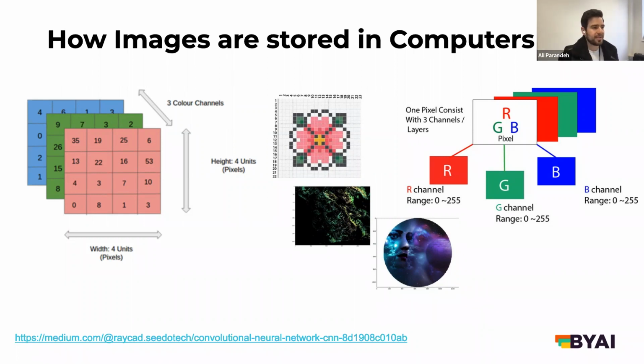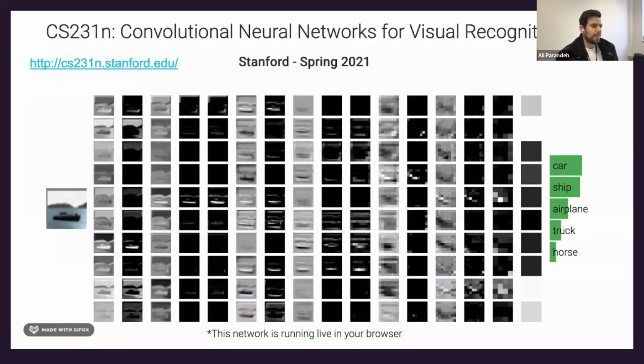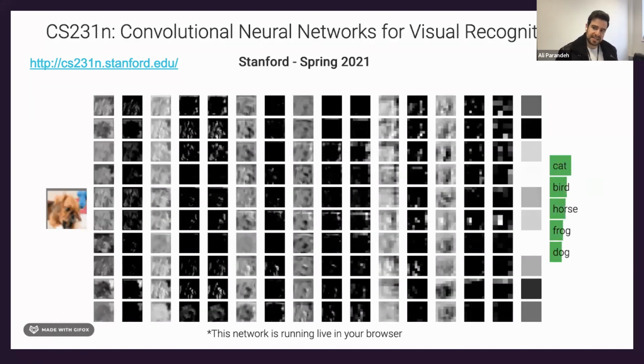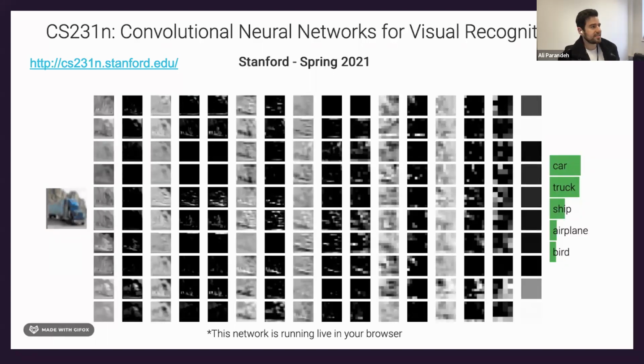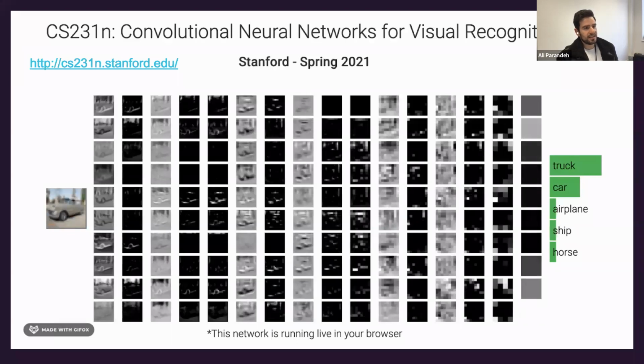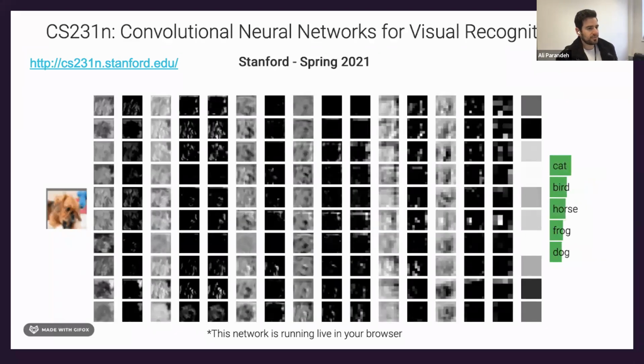And any computer vision application you perform, any kind of processing you perform on these images, is going to be using this stack of matrices to perform them. When you take images and pass them through a deep learning neural network, such as a convolutional neural network, you can see that the network starts learning on top of these images from left to right.